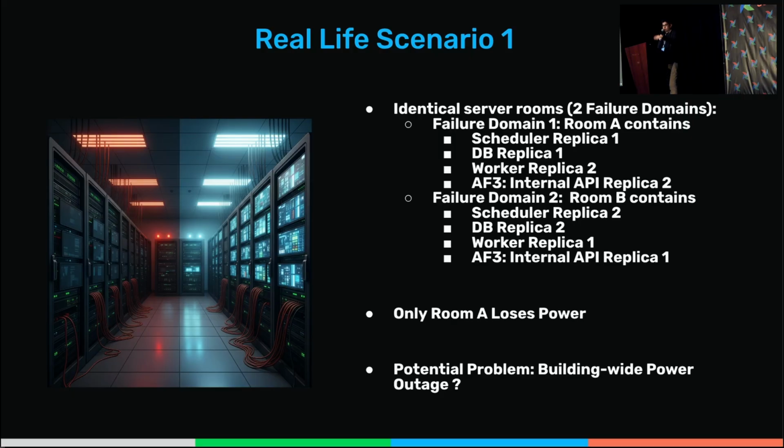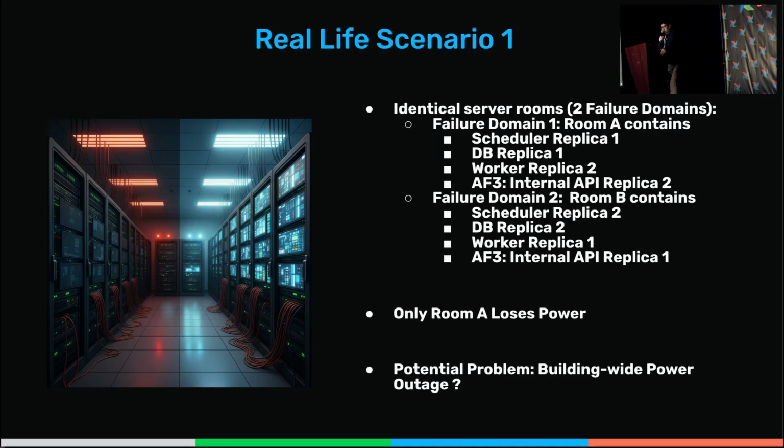We have 1 or 2 which is not consistent in the rooms. It's just to indicate that it doesn't have to be that the main replicas of everything are in the same room and the failover replicas are in the other room. It doesn't matter. You should have 2 replicas running anywhere, and the failover will happen to the healthy one, whether the main is still working or the secondary is the one that will be failed over to.